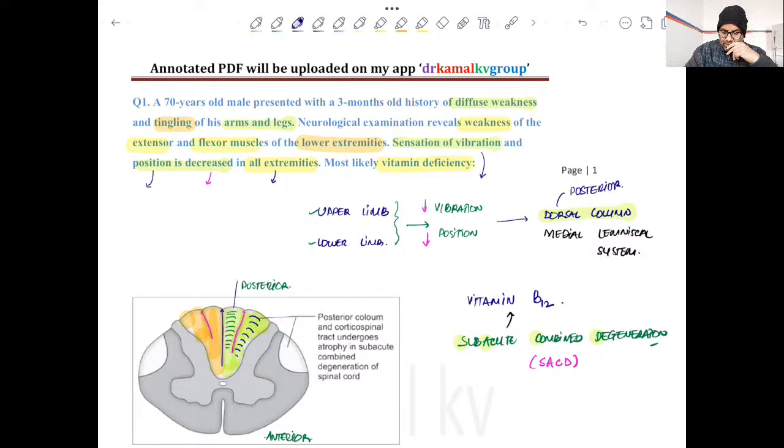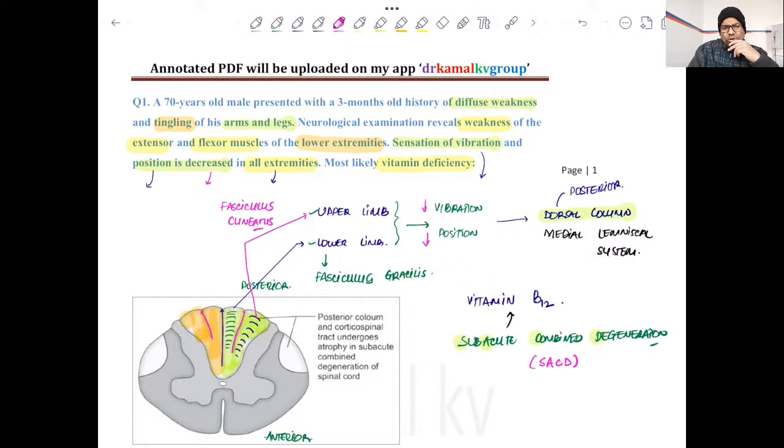So this one is related to the lower limb, and this is known as the fasciculus gracilis. Clear? So fasciculus gracilis for lower limb, and this is the fasciculus cuneatus for upper limb.